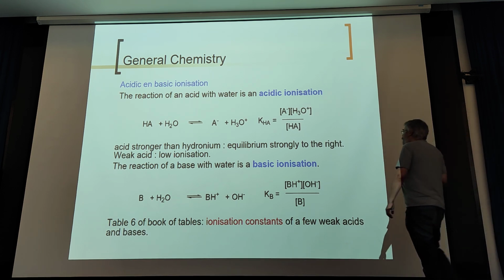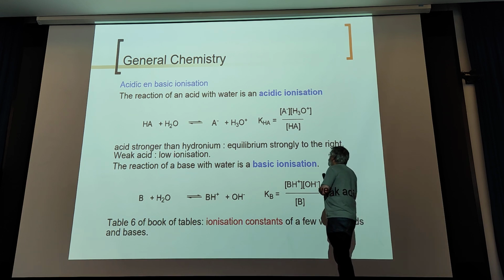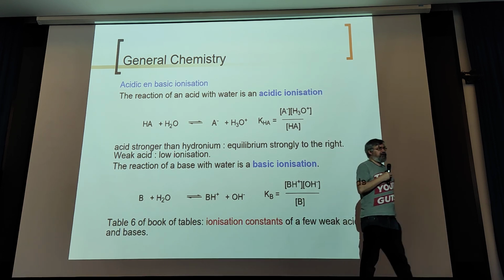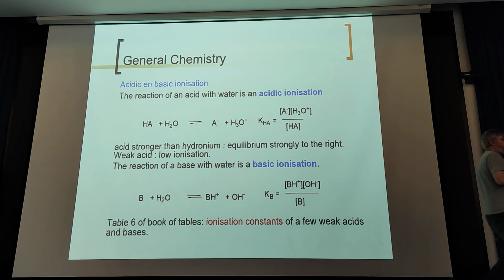The only reagent with a changeable concentration that we need to mention is the weak acid itself. Then we have, of course, the anion A- and the H3O+ on the products side. So this is the typical equation for the equilibrium constant of an acid-base reaction.